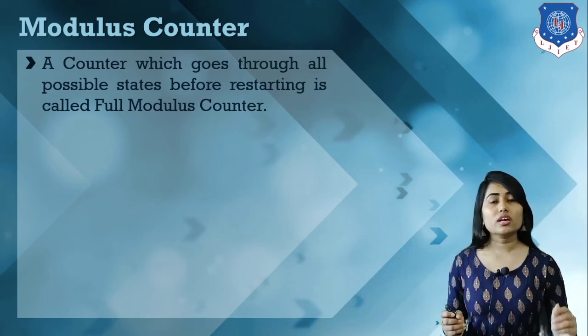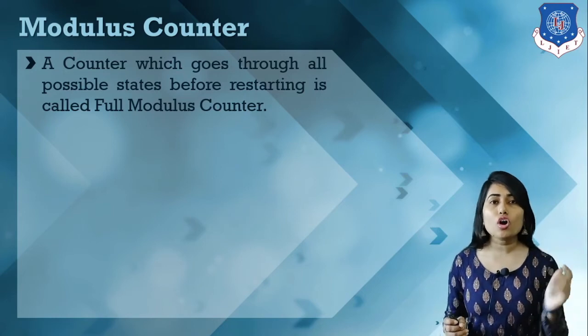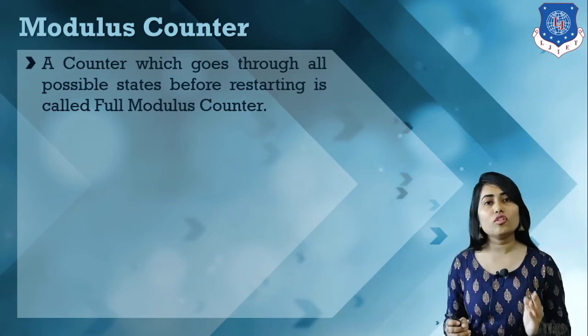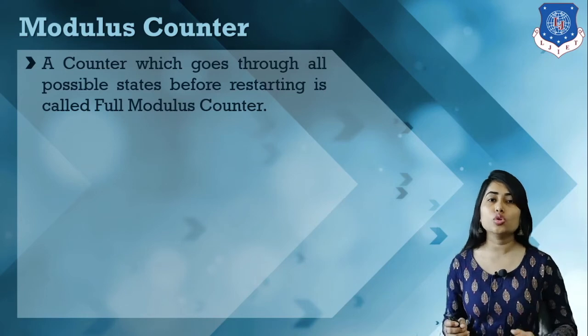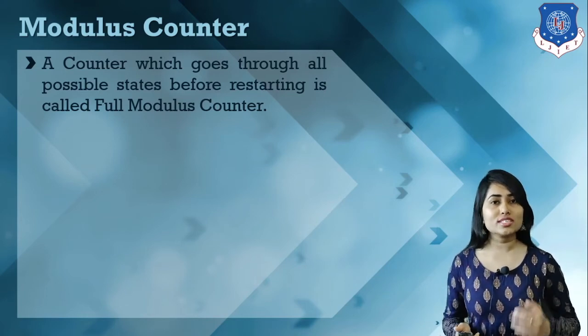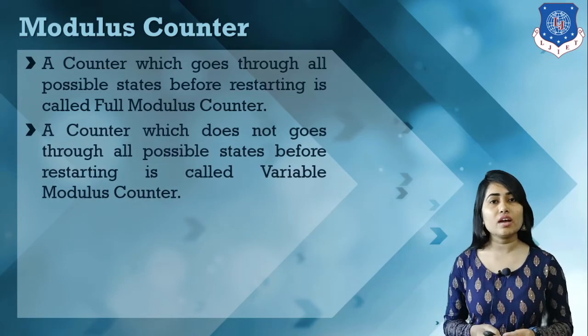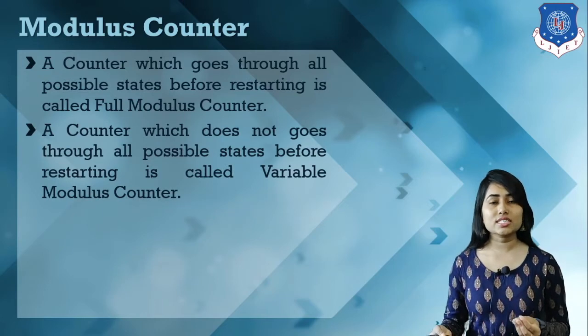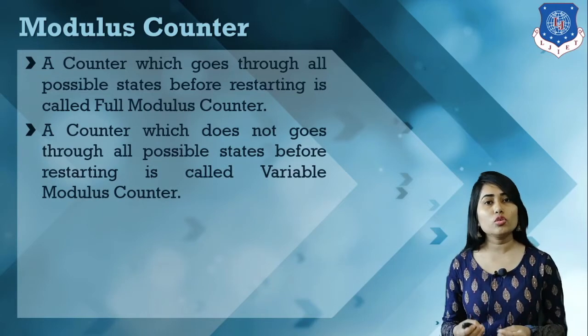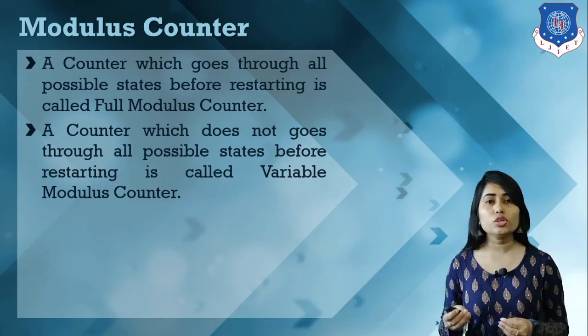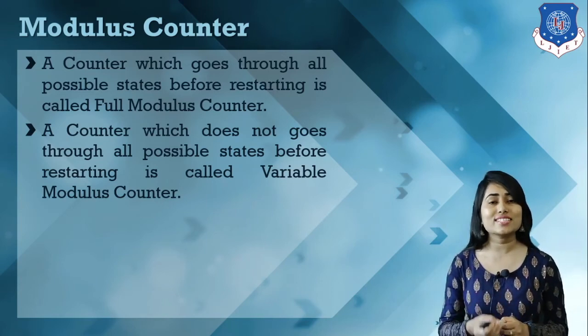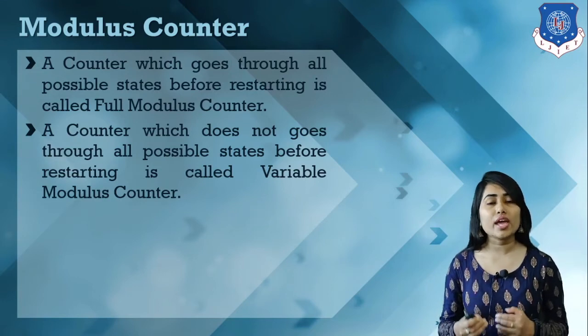Okay, a counter which counts all the possible states of our circuit is known as a full modulus counter. And another is a counter which does not go through all the possible states of the counter before restarting, which is known as a variable length counter.